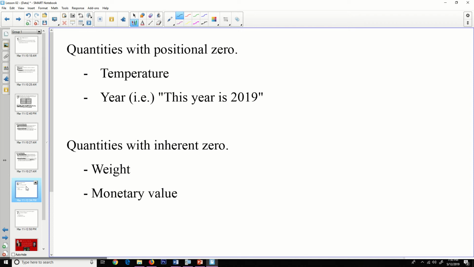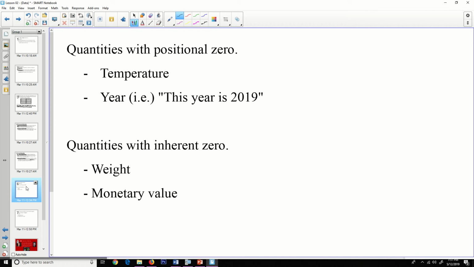The second example for positional 0 is the year 2019. Year has positional 0. We didn't randomly pick one, but we picked one based on a certain concept of what we call year zero, but certainly there was time before that.